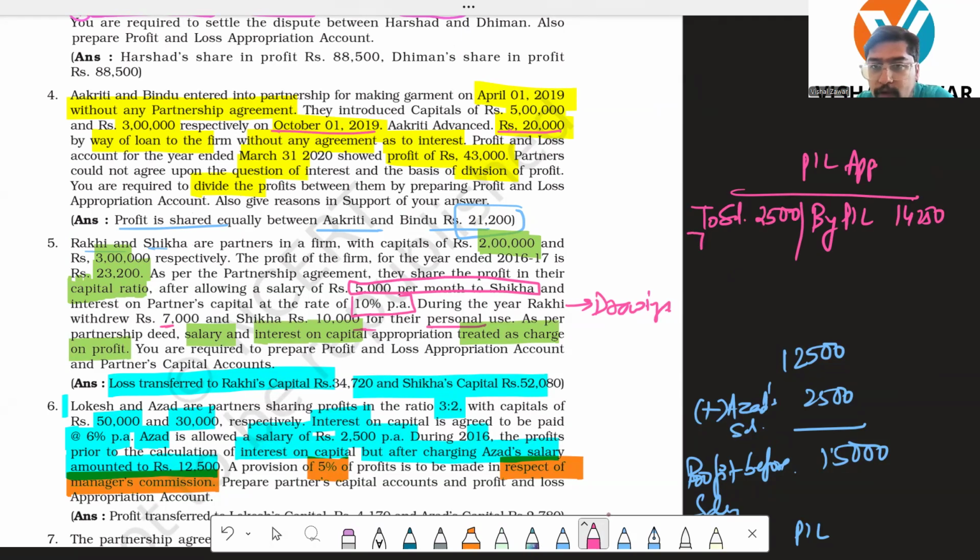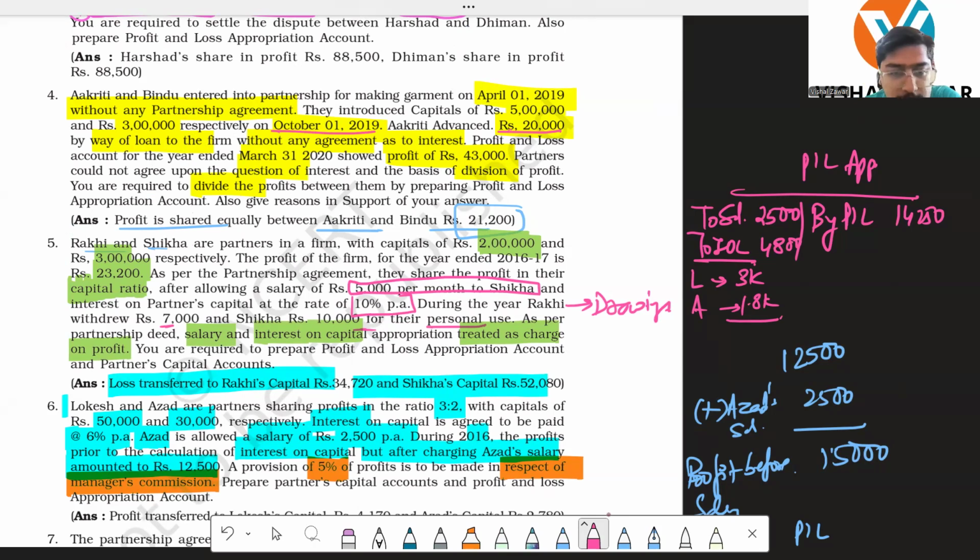I need to also give IOC to both the partners. So IOC for Lokesh is 50,000 into 6%, that is going to be 3K. And for Azad, 30,000 into 6% is going to be 1,800. So total coming to 4,800.